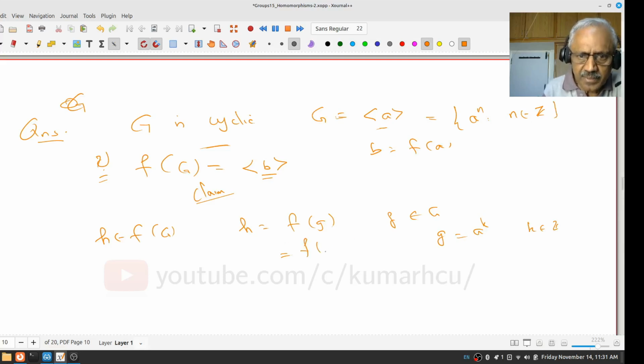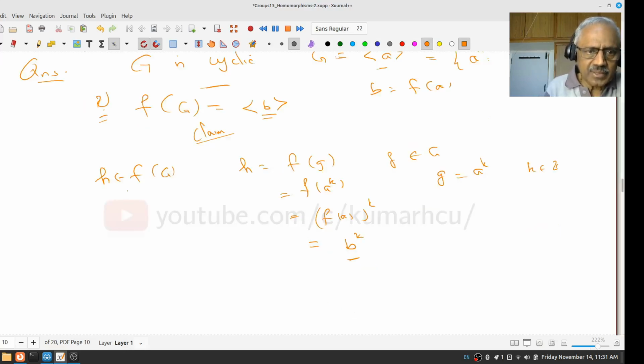Therefore it is f of a^k, right? But we know what is f of a^k, that is f of a power k. That means it is b power k, right? Therefore, you start with an arbitrary element h in f of G, then I said it is b power k.